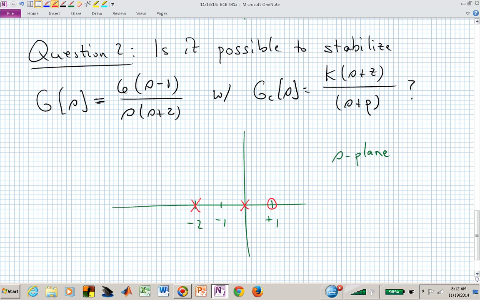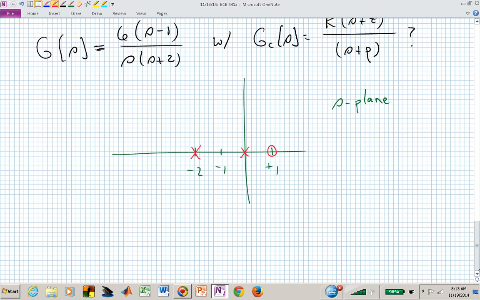We can't stabilize it. All the closed loop poles at some point need to be in the left half plane in order to stabilize it. That doesn't mean that the root locus always has to live in the left half plane.